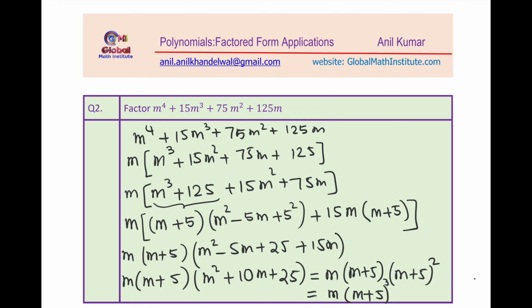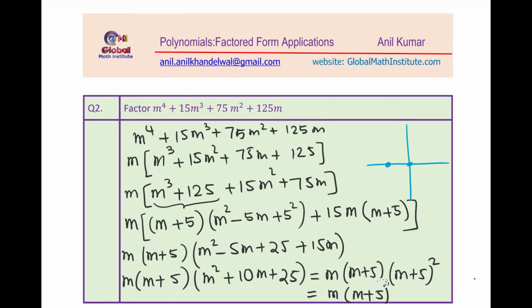So this quartic equation is a combination of these two zeros. Now this can be sketched very easily. We have the y-intercept, which is 0 itself. The x-intercept is also 0. And if I put m equals minus 5, then we get another 0. So we have two zeros.